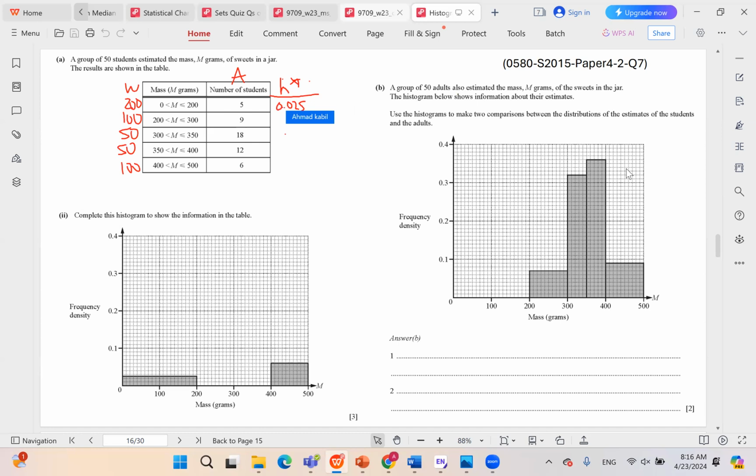And 9 divided by 100 will be 0.09. 18 divided by 50 equals 0.36. 12 divided by 50, 0.24. And finally, 6 divided by 100 will be 0.06. So this is our version of the height.